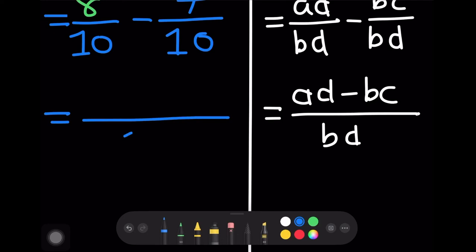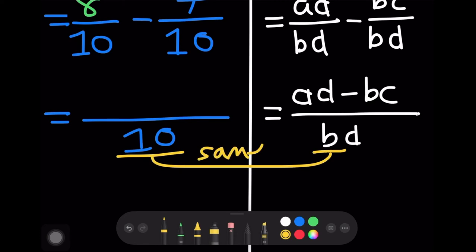Now I'll write it here. The denominator is the same here as BD, so you just put one denominator there because they are the same. Let's put the numerators in brackets, 8 minus 7.